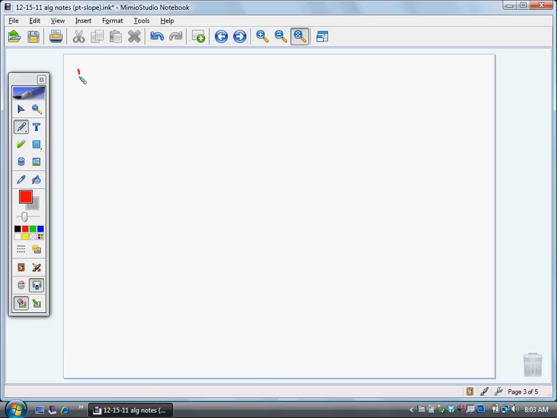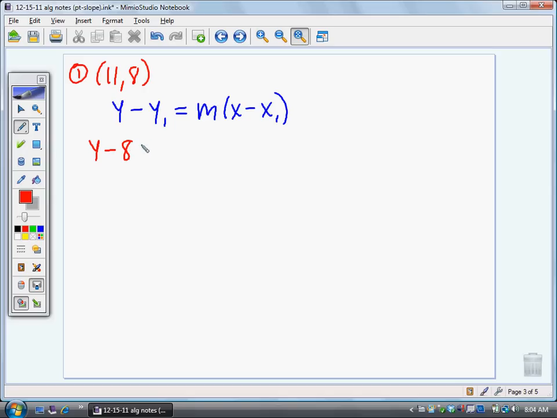So we'll start with the point (11, 8). Now I'll put down point-slope form, and I'll just substitute in. y sub 1 is 8, m is 3/4, and x sub 1 is 11.